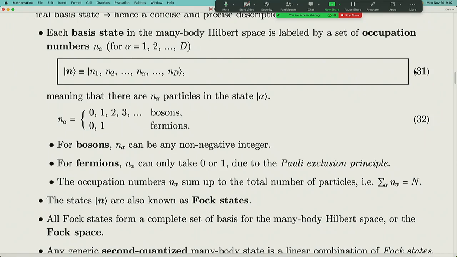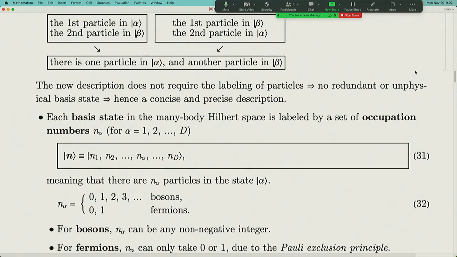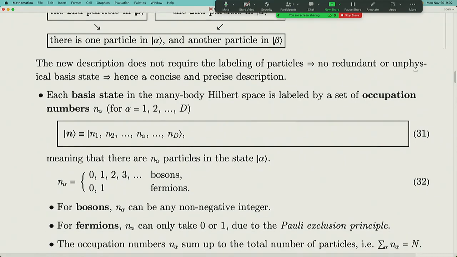But this number representation is still made of the first quantized language, meaning that, for example, if there's one particle in alpha, one particle in beta, then the quantum state is a linear superposition, actually an equal probability linear superposition of the first two cases, where you perform all possible permutations of these particles and then try to symmetrize or anti-symmetrize their state vector or their wave function.